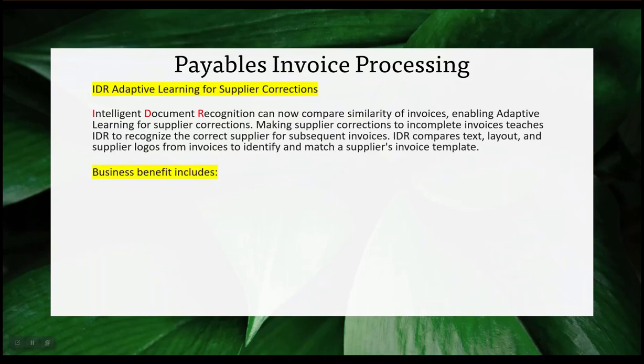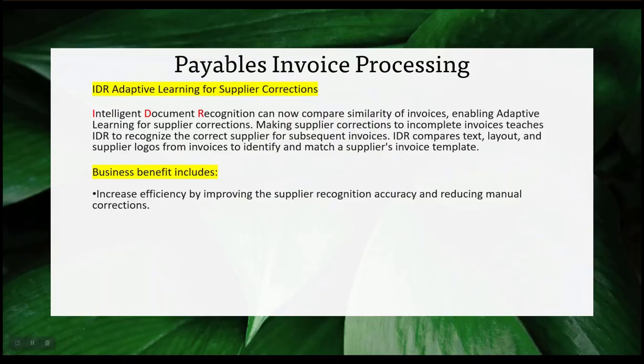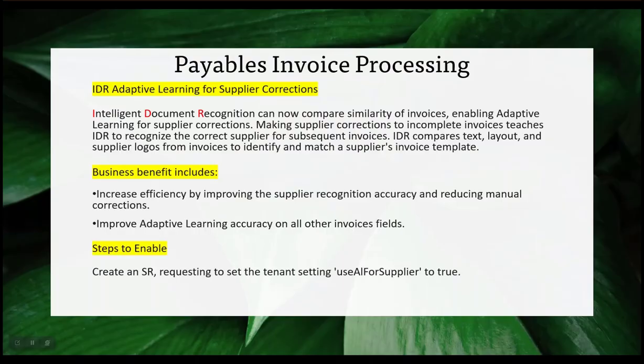The business benefits include increased efficiency by improving supplier recognition accuracy and reducing manual corrections, and improved adaptive learning accuracy on all other invoice fields. Steps to enable: create an SR requesting to set the tenant setting use AI for supplier to true.